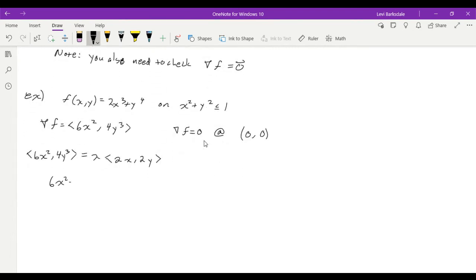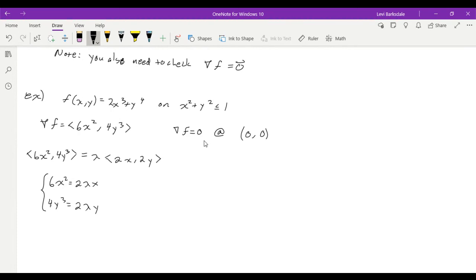Here we have 6x squared is equal to 2 lambda x, and 4y cubed is equal to 2 lambda y. Now, solving this is a bit weird because this is one of the times when you actually have to be super careful about not dividing by 0.